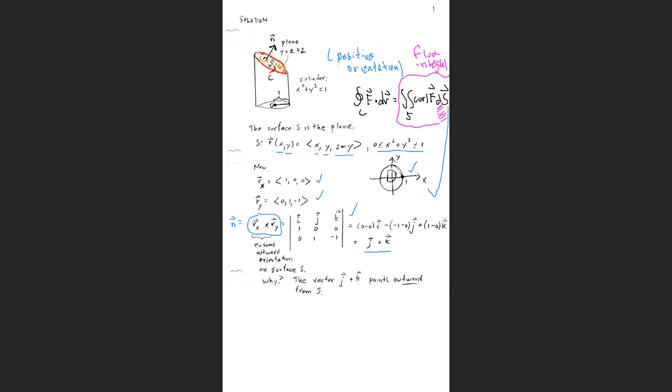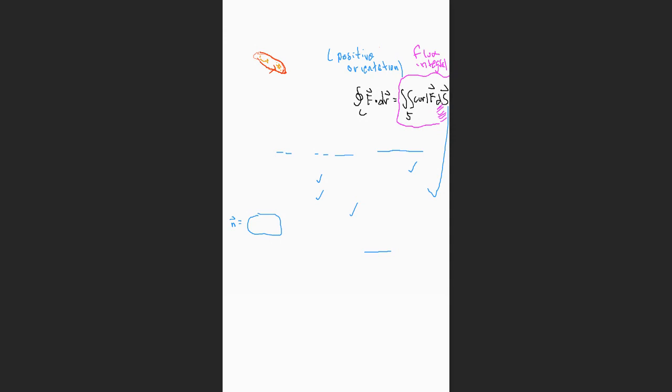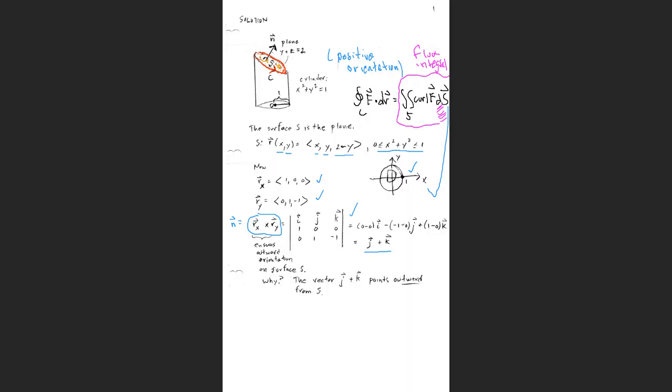But the normal vector has to point in the right direction. If you look at the picture, there's the normal vector right there. It clearly points upward, to the right and up.